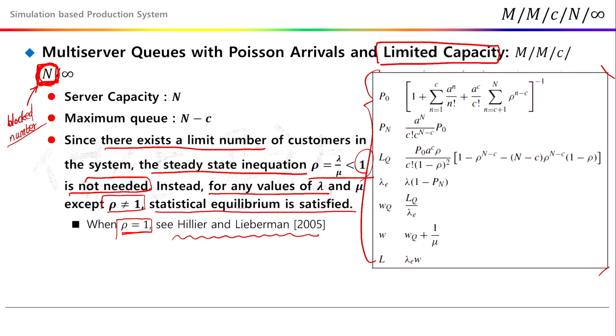So please remember this case. This case means the multi-server queue with the condition of limited capacity.